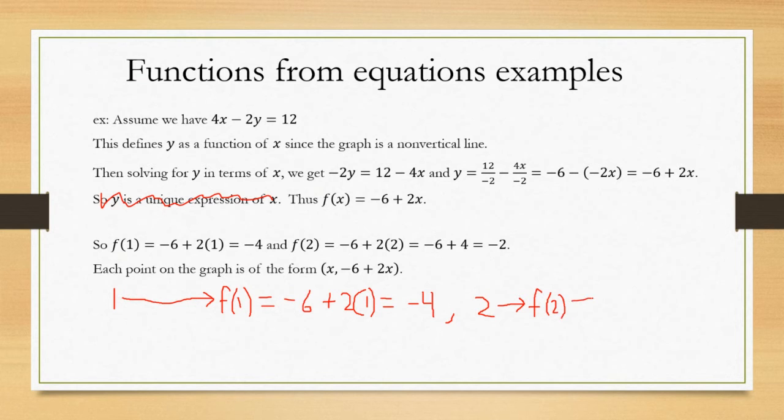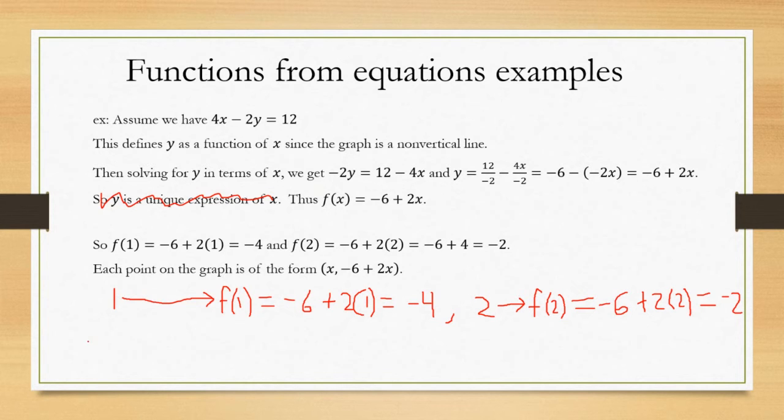And in this case, f of 2 is given by a formula, which is -6 plus 2 times 2. And doing so, what do we get? We get -6 plus 4, which is -2. Just trying to write out what's happening up here.